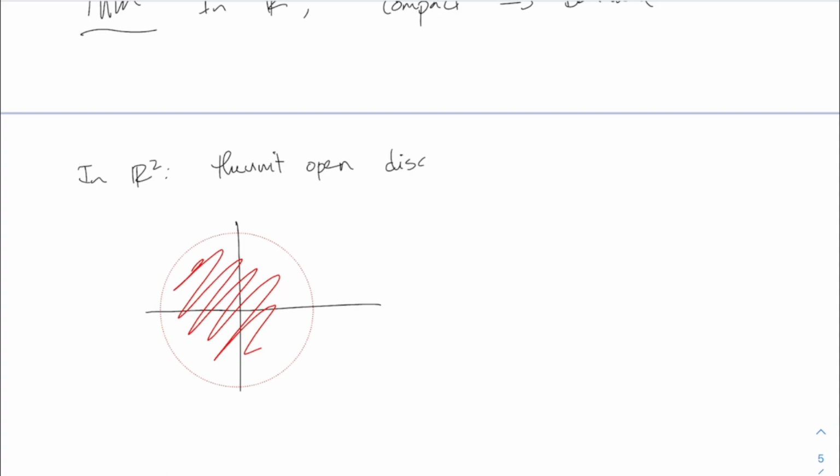All right. This also is not compact. Can we make an open cover here? I'll give you a hint: some kind of ball of something.